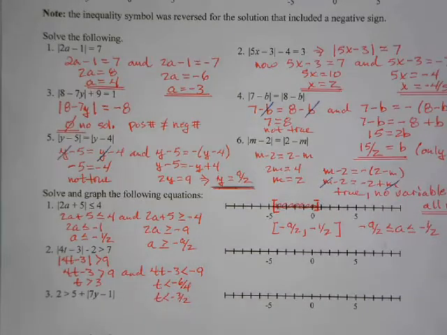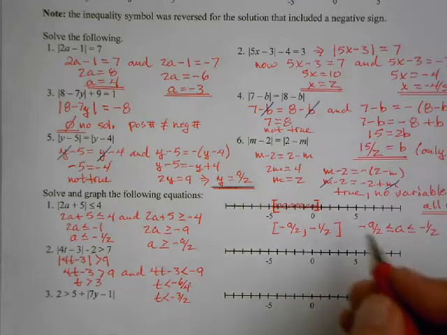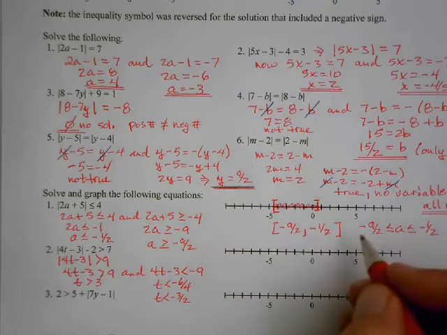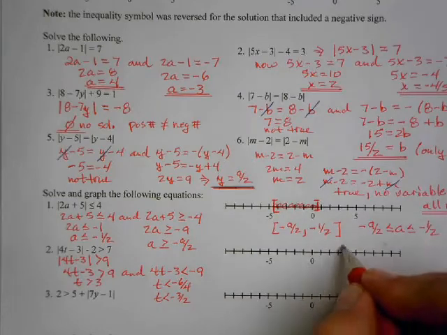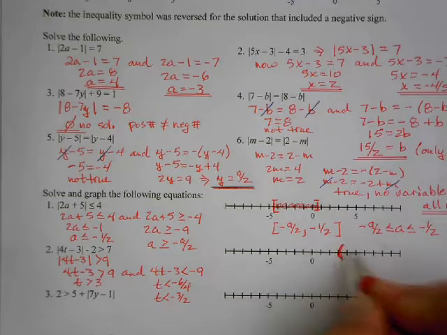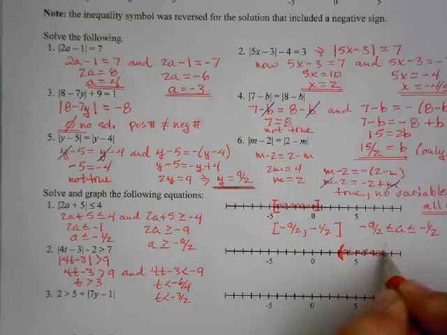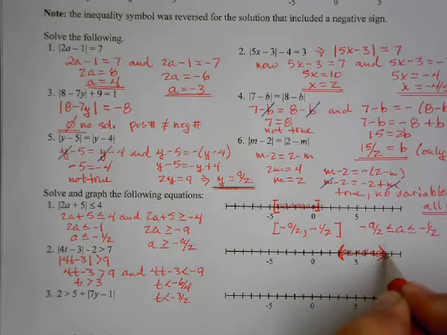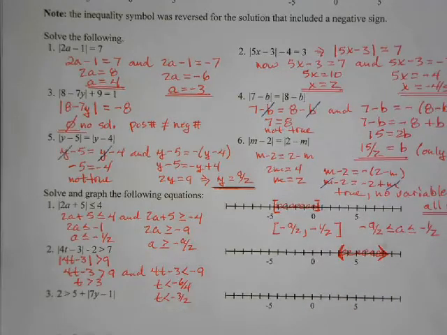So we're going to do that here. We've got to be bigger than 3. Also, no line underneath, so it's a parenthesis. 1, 2, 3. So bigger than 3. And less than basically 1.5.